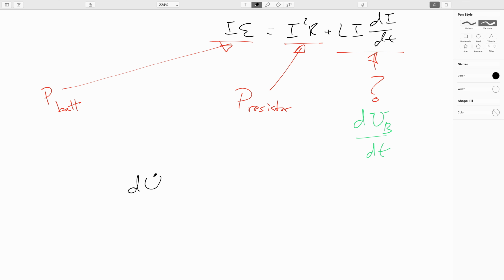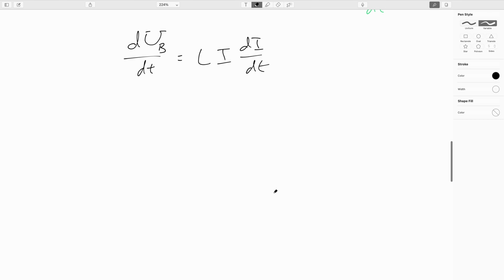So we can do dU_B/dt is equal to Li di/dt, and then we can re-express this in differentials to say that dU by itself must be equal to Li di.